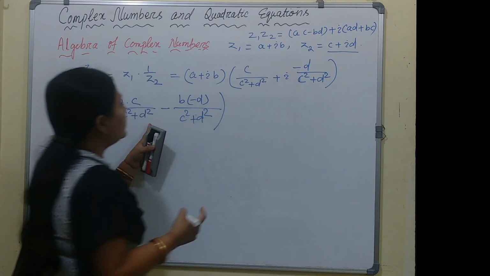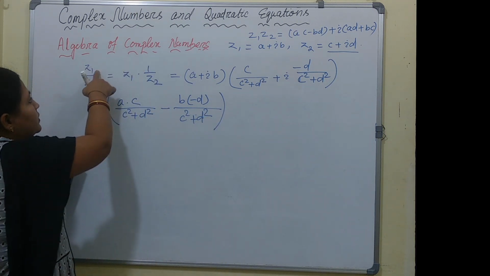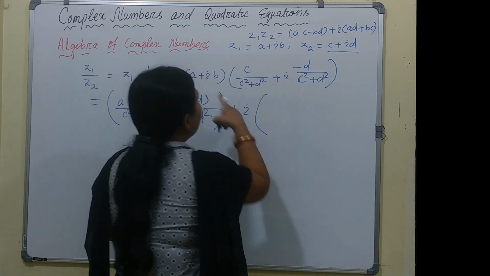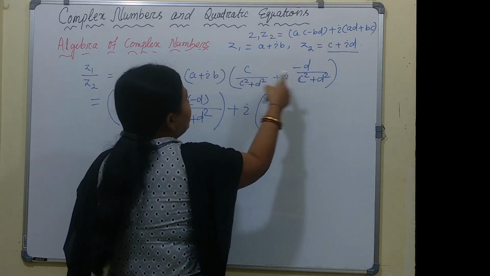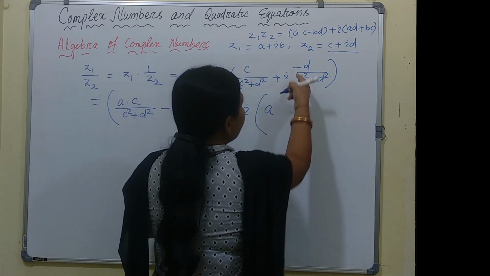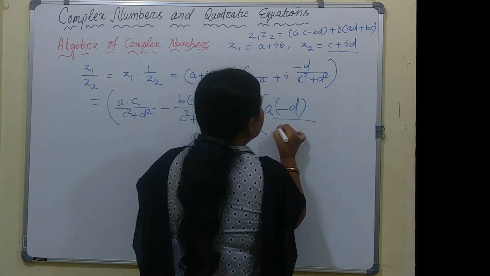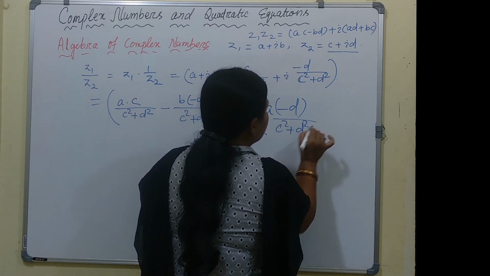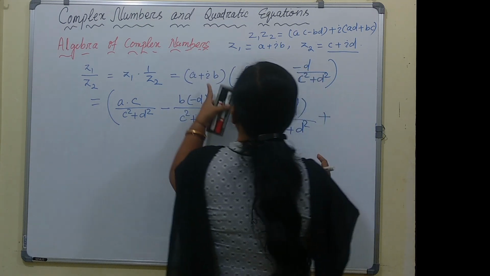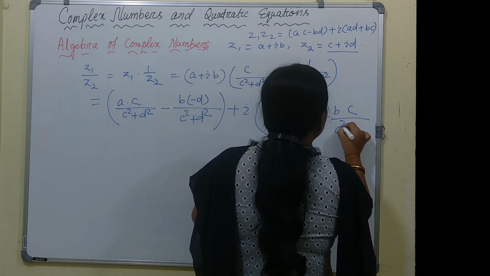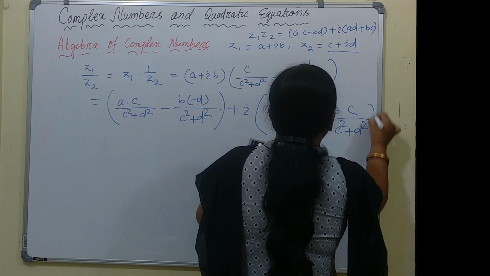So here we get the real part of z1 by z2, plus i whole into ad: a into minus d by c square plus d square, plus b into c by c square plus d square.